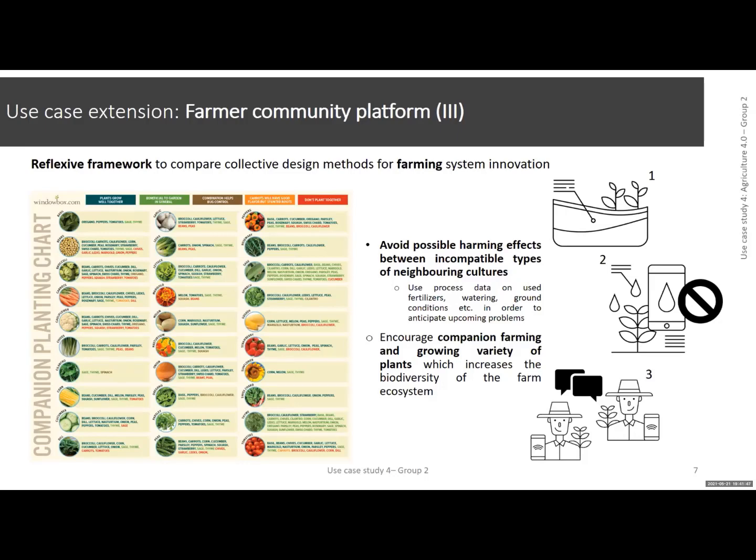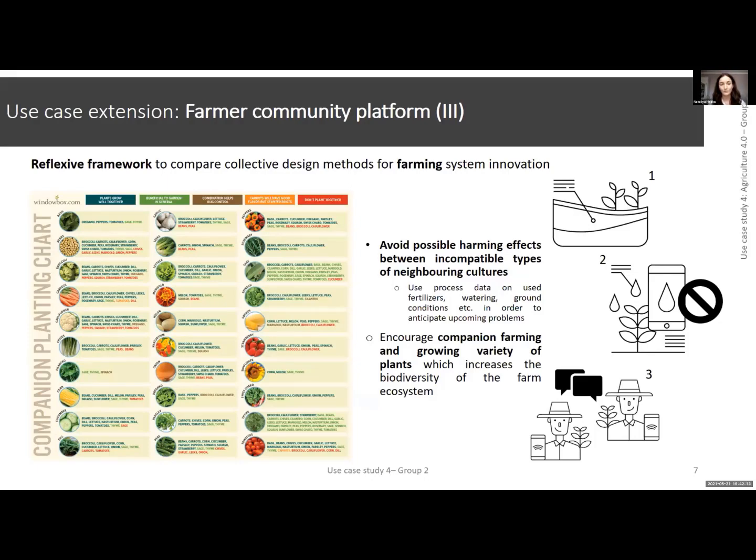It could also be useful for newcomers because they could check which plants are being grown in the area where they come, and in this way analyze the potential risks and opportunities for them on which culture to choose.